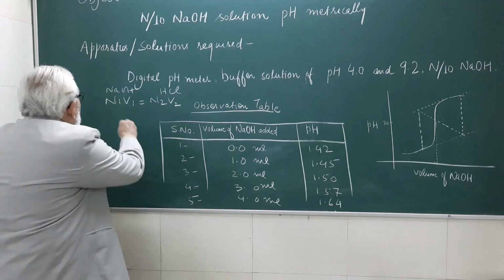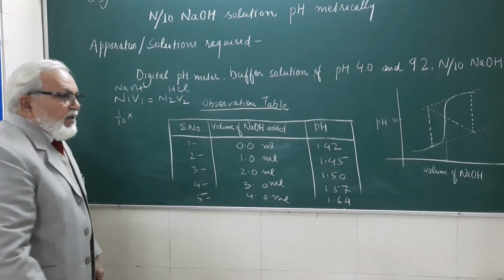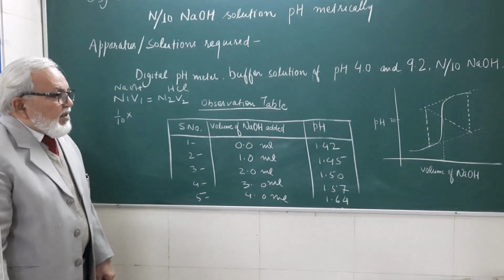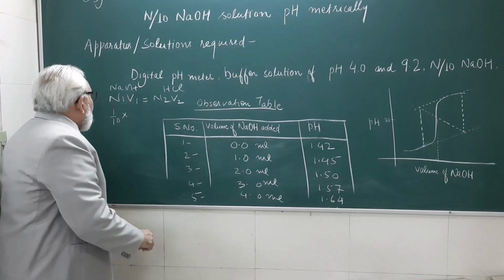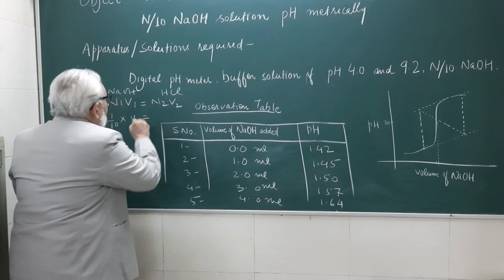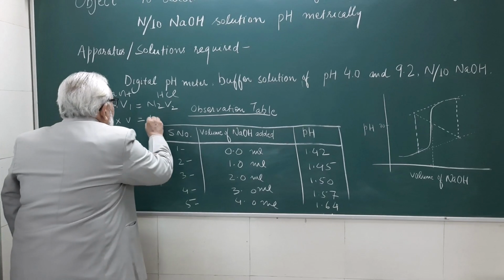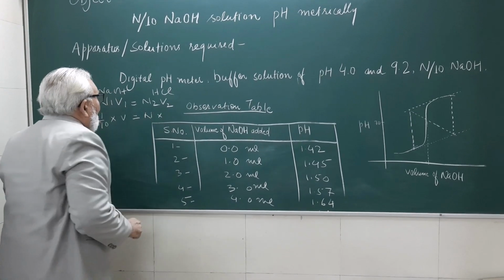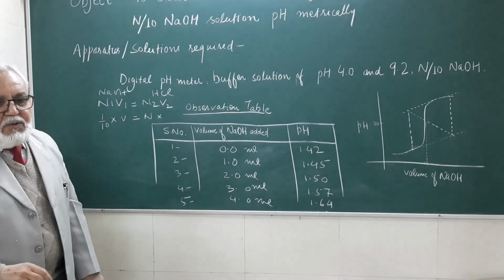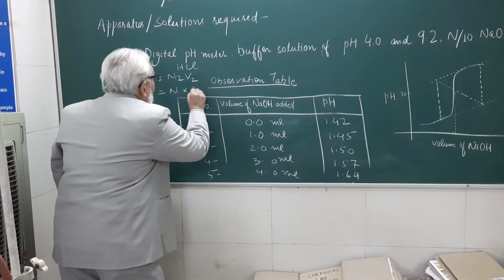Normality of NaOH is 1/10, and the volume of NaOH used at the end point, the equivalence point, say is V ml. This is the normality of HCl, which is unknown, say N, and the volume of HCl taken in the beaker is 25 ml.